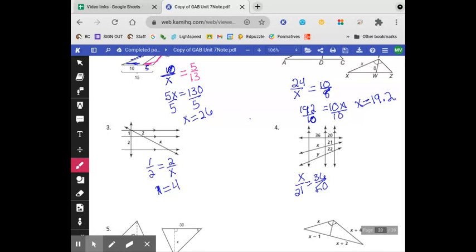And we cross multiply and we get 20x equals 756. Divide by 20. And x equals 37.8.